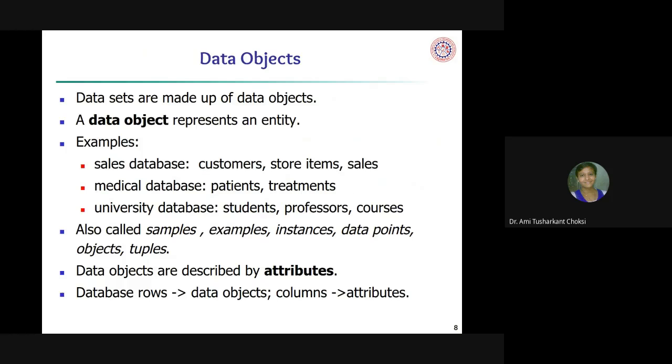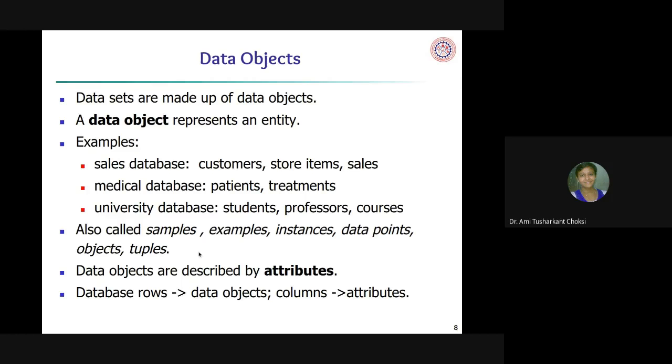Many others can be there; we are only looking at examples. Fine. Say we have a university database, there we consider students, professors and courses. Data objects are also called samples, examples, instances, data points, objects, tuples.